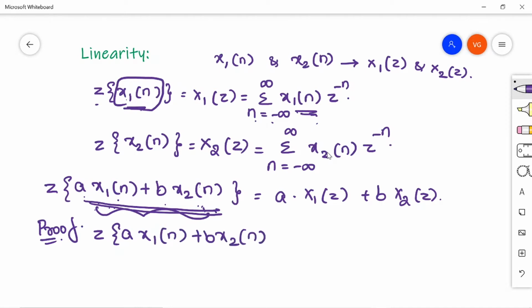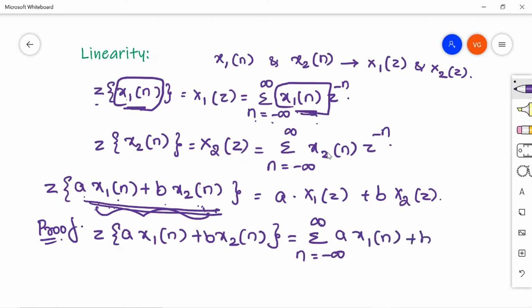Applying the Z transform formula, this can be written as sigma, n running from minus infinity to infinity. In place of x1 of n, you write this full thing, that is a x1 of n plus b x2 of n multiplied by z power minus n, as usual.